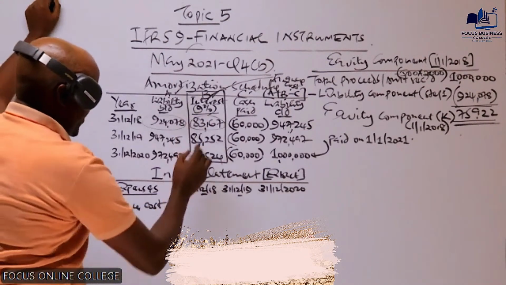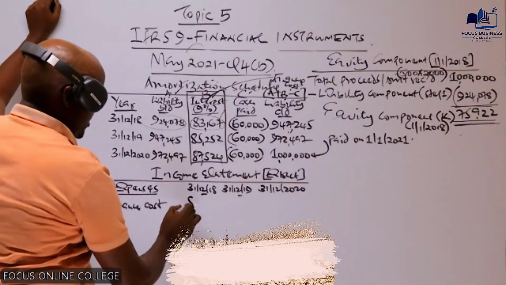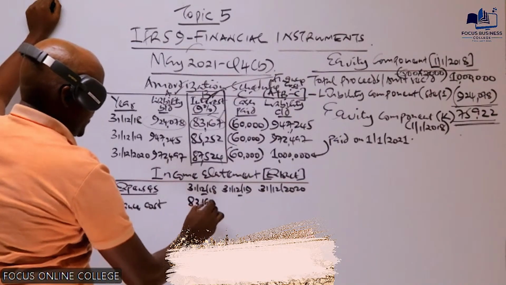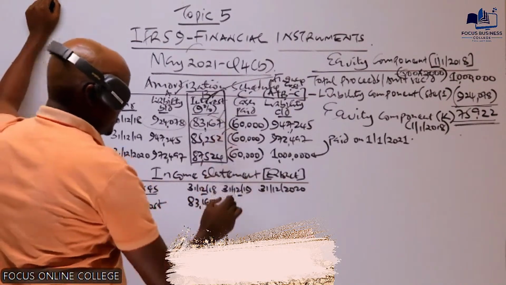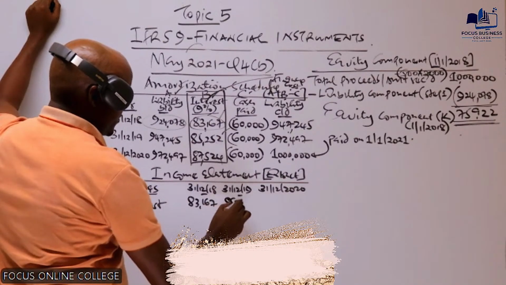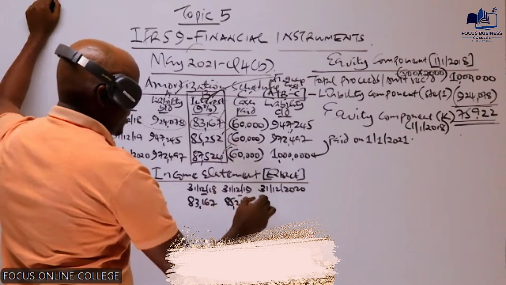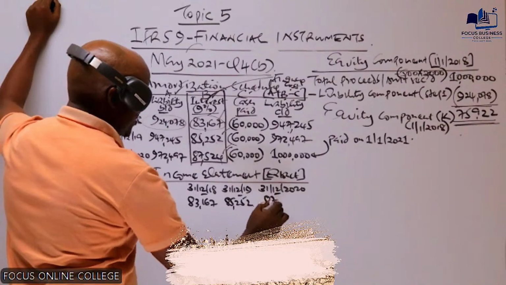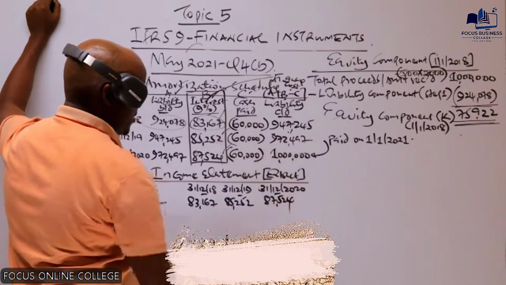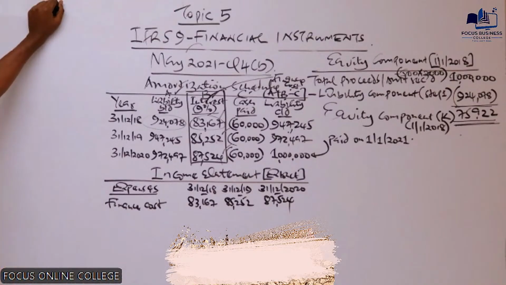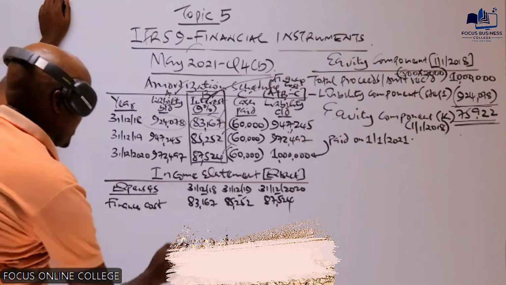So the finance cost for the first year is 83,167. In year 2, 85,252, and year 3, 87,524. That is what was supposed to be recognized in the income statement as far as this compound financial instrument is concerned.